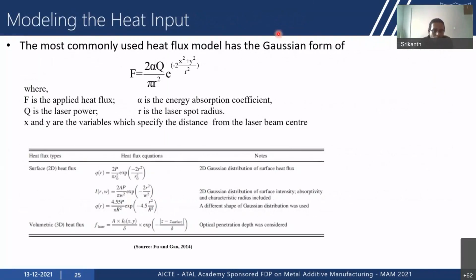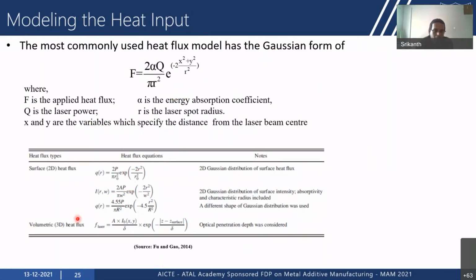So this is one of the most widely used mathematical equations to model the heat input from the heat source, where F is the applied heat flux, Q is the laser power, alpha is the energy absorption quotient that will change from material to material, R is the spot size of the laser beam, and X and Y are the variables which specify the distance from the center of the laser beam. So we have a Gaussian distribution here, and in general, the surface heat flux has been represented with different mathematical models for the 2D heat flux itself.